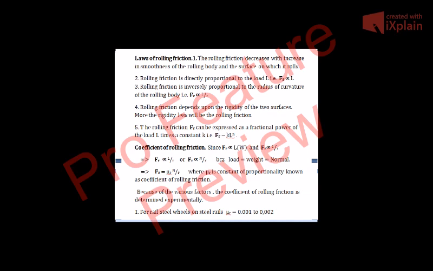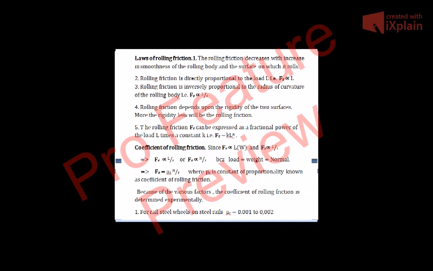So remember this. For example, in the case of a horse cart, you can see the vehicle is of greater radius, so it will have smaller friction. So greater the radius of the wheel or rolling body, smaller will be the rolling friction.